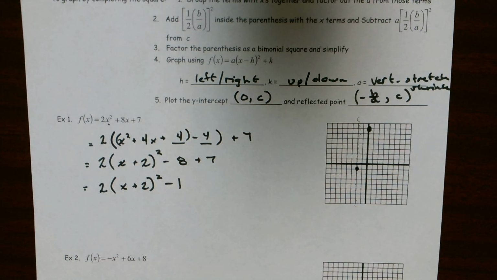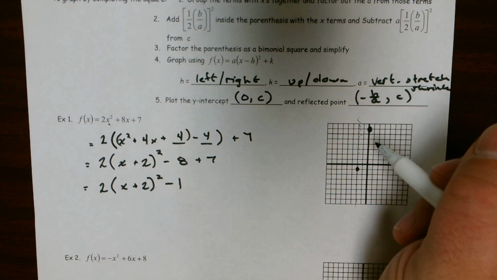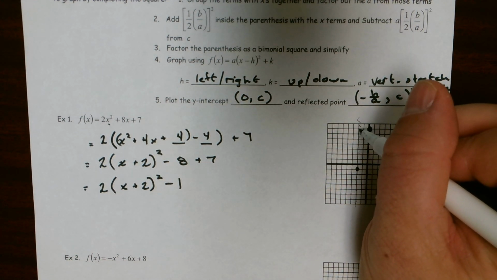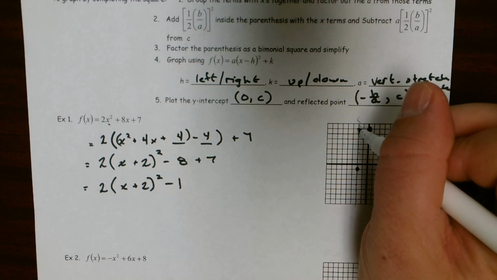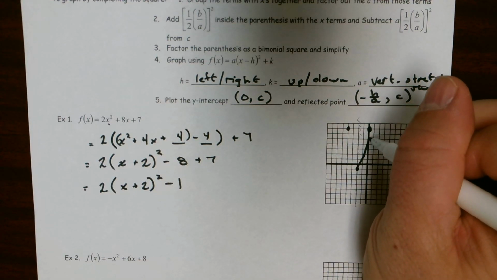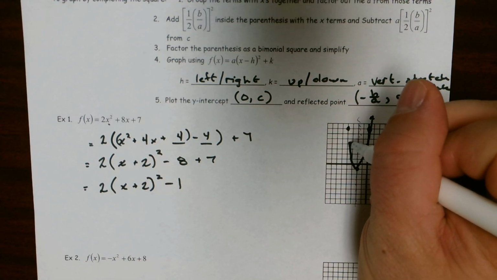So a point on either side of the axis of symmetry can be reflected directly over it. This point right here is 2 units away from the axis of symmetry, so we're going to go 2 units in the other direction. It's going to help us make a parabola.